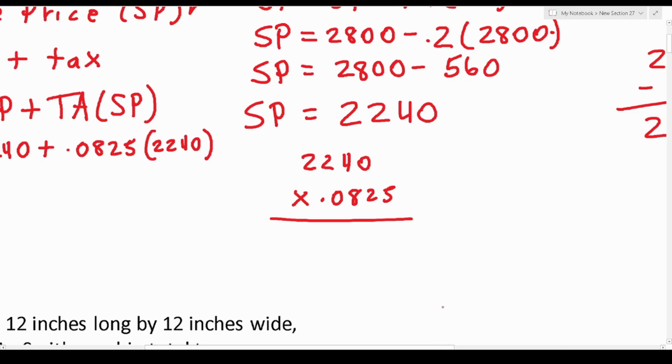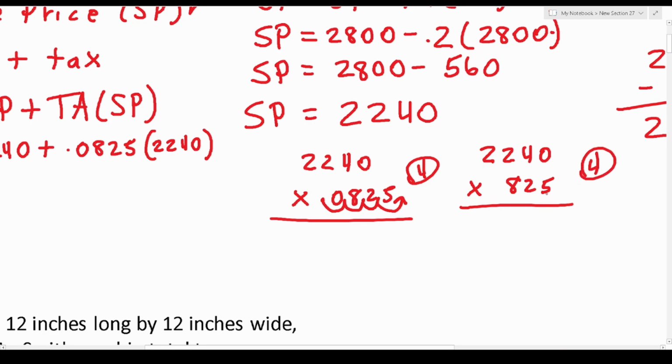And to make this a little bit easier, I want to take this decimal, 0.0825, and shift it 1, 2, 3, 4 times to the right to get rid of that decimal completely. So this is going to become 2240 times 825, albeit with 4 decimals to move back into the left when we're done. Again, we moved them to the right here, and we'll move them back into the left when we're done. So let's do this math very quickly.